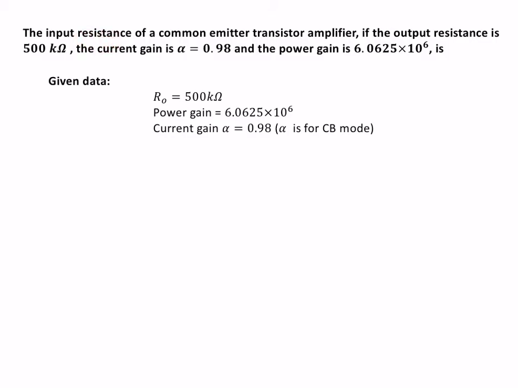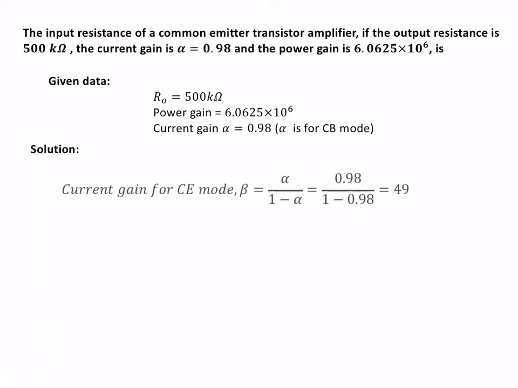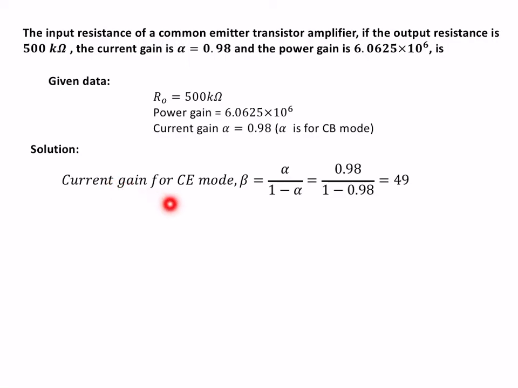For input resistance we can calculate through power gain. We know the power gain formula and the current gain formula also. For current gain in CE mode, beta is equal to alpha by 1 minus alpha. This is the relation between beta and alpha. It is derived from the three layers: emitter, base and collector, in the transistor.